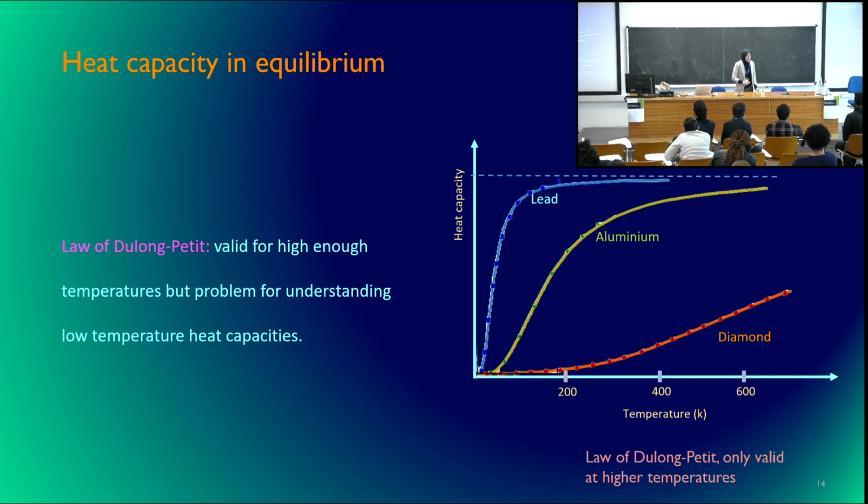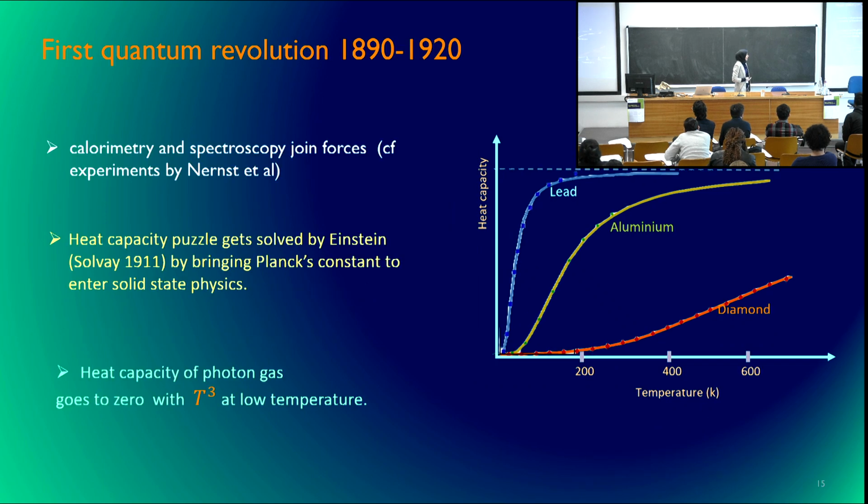Okay? And by the way, this is the Dulong-Petit law for high temperature. And for lower temperature, Nernst had one experiment that measured the heat capacity and saw that whenever the temperature is going to 0, the heat capacity also is going to 0. Delta S is going to 0 at low temperature, S entropy.